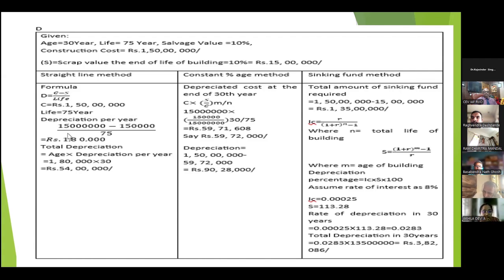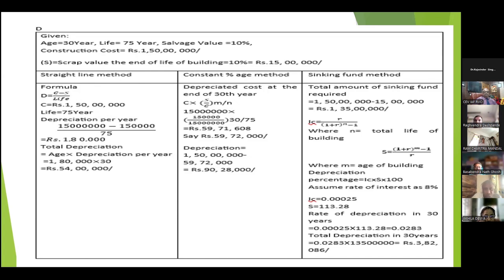So depreciation will be 1,80,000. You can write it in this form also. So total depreciation will be, you multiply it with 30th year, you have to calculate it, total depreciation will be 54 lakh. With straight line method, you have calculated it and the total depreciation comes out to be 54 lakh.